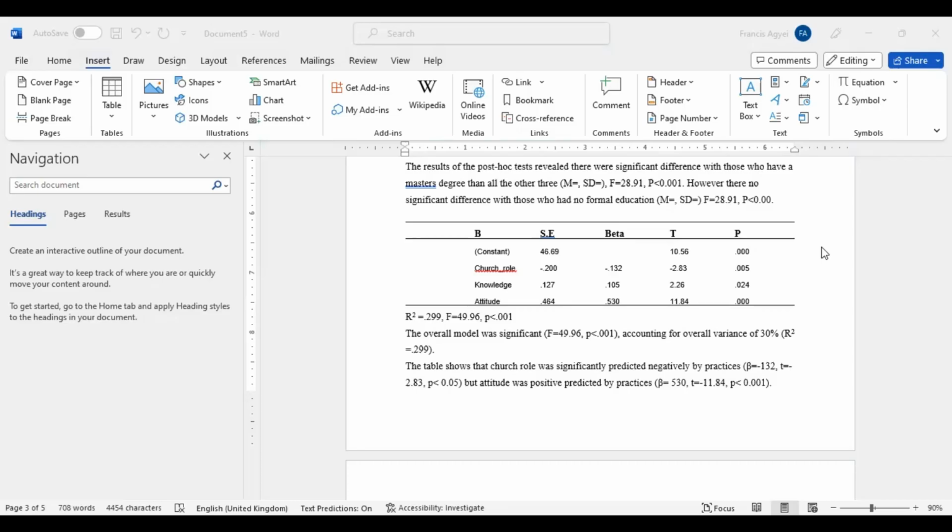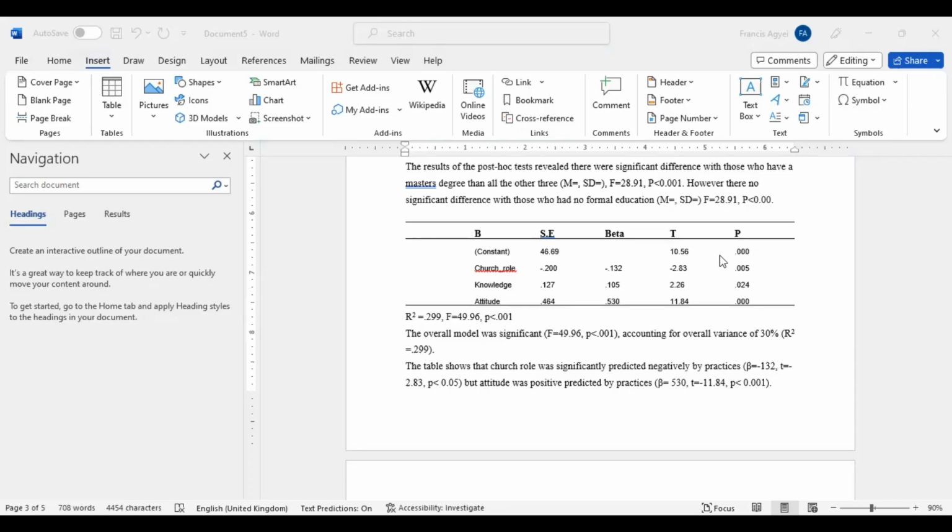Then you move on to clean your data. After cleaning your data, then you do your totals. After your totals, then you move on to choose the right statistic. And then you choose the right statistic based on your objectives or your questions. After choosing the right statistics, then you move on to the main analysis.